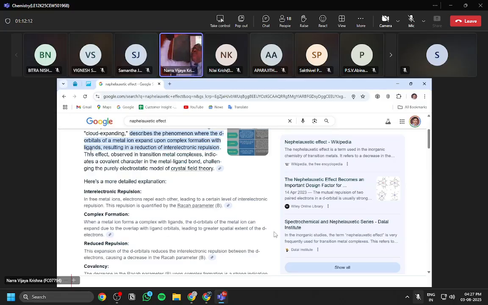If the d electrons move away, what about the distance between lone pair of electrons? Therefore, repulsions decrease; we call that the nephelauxetic effect. Is it clear? Thus, this effect observed in transition metal complexes indicates a covalent character in the metal-ligand bond, challenging the purely electrostatic model of crystal field theory, which says metal and ligand interactions are ionic. But the nephelauxetic effect says covalent bond. Is it clear?